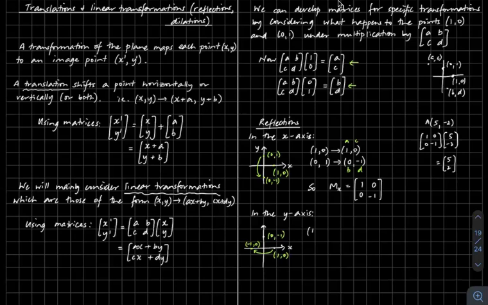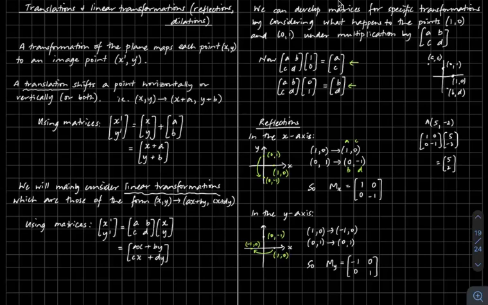So the image of the point 1, 0 is negative 1, 0. The image of the point 0, 1 is still just 0, 1. So using these two as the columns of our transformation matrix, a matrix which reflects any point in the y-axis would have first column negative 1, 0, second column 0, 1, and again you could pick a specific point and double check that that's indeed what's happening.